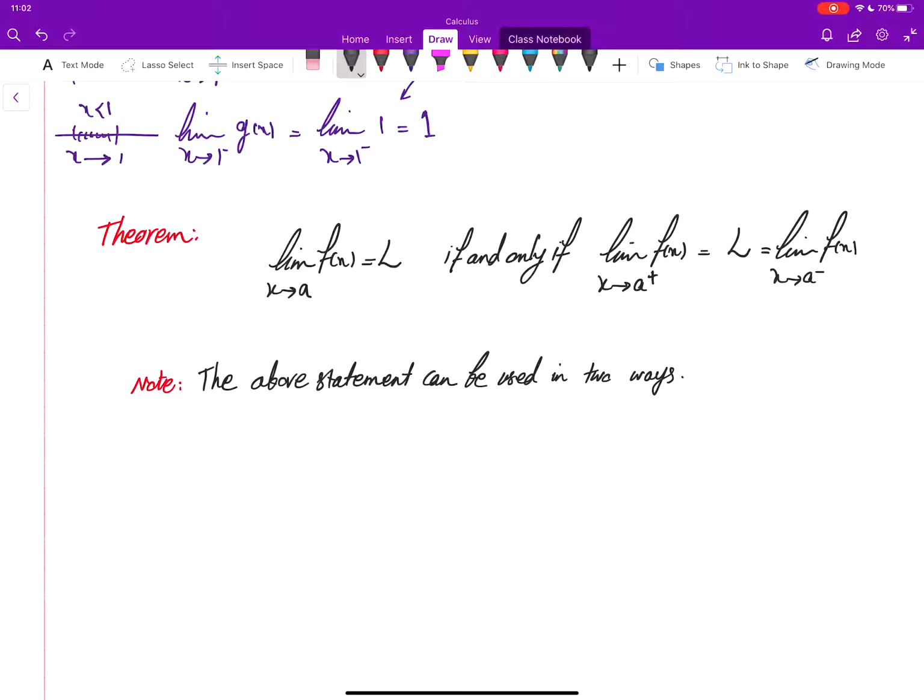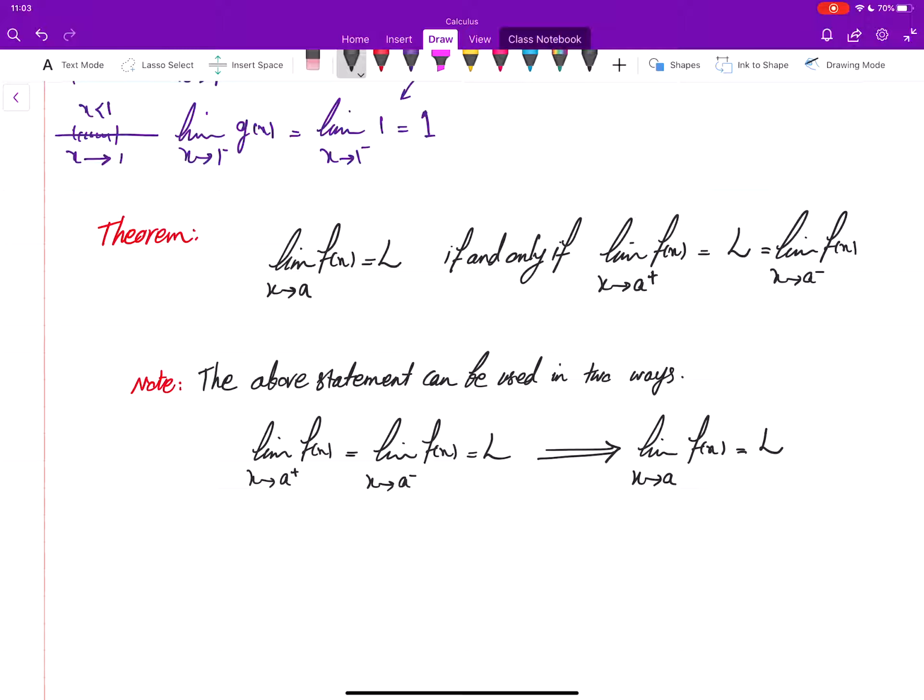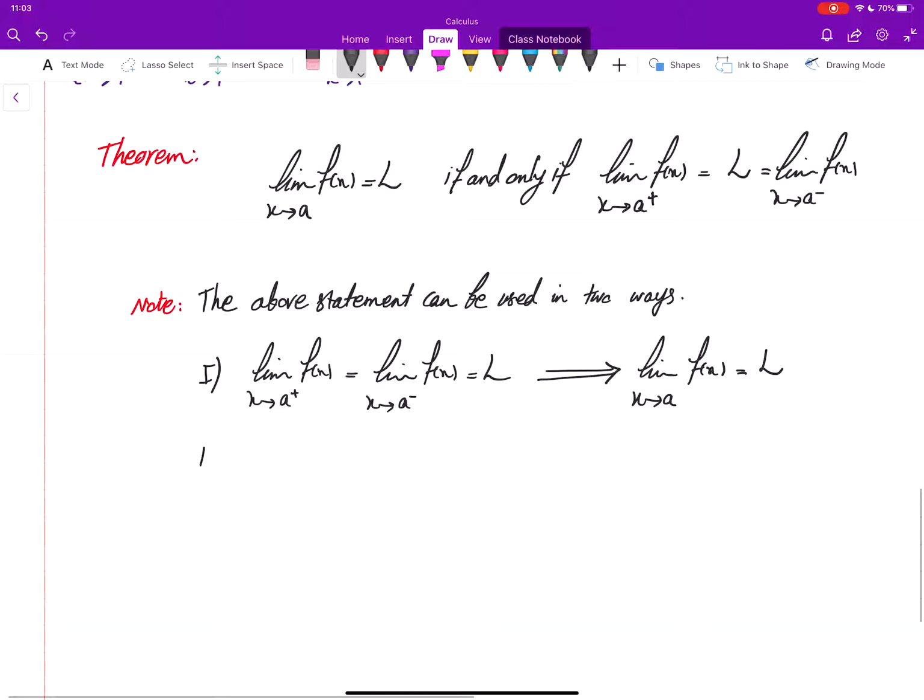One is that if someone first finds that the limit of f of x as x goes to a plus equals the limit of f of x as x goes to a minus, both of them equal to L, then you can conclude that the actual limit, not the one-sided limit, exists and it's equal to L. This is one way we use this.